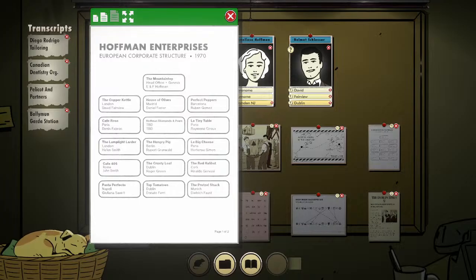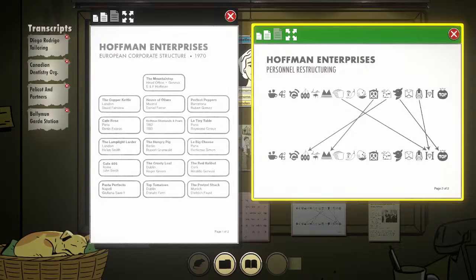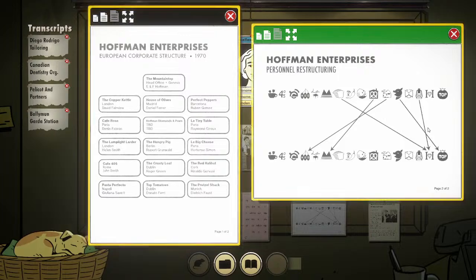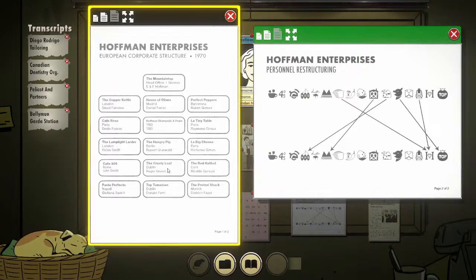Is this supposed to be before or after the move? Because what's our London to New Jersey situation? The Lamplight one. Lamplight Larder was Helen Smith. The bread was also... Krusty Loaf was Roger Green in Dublin.